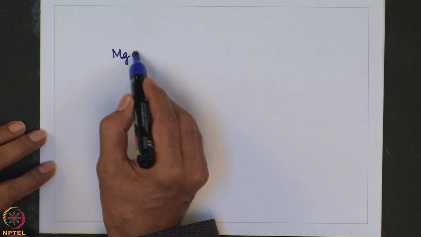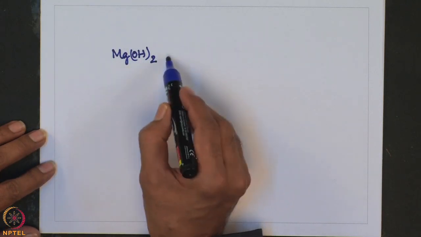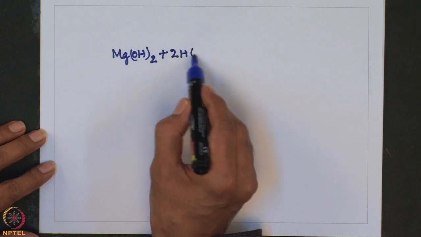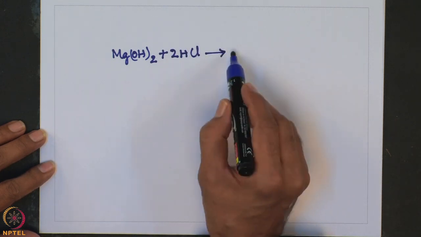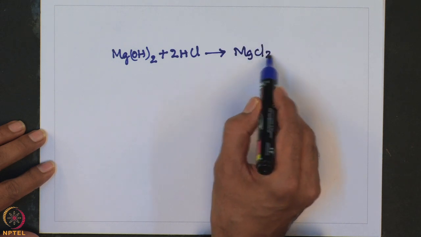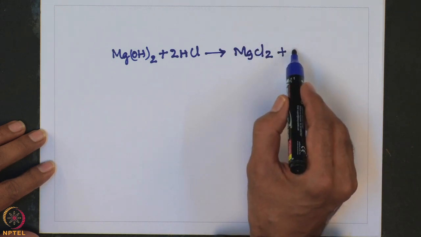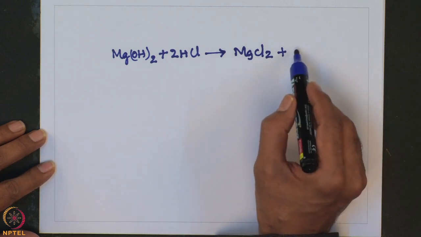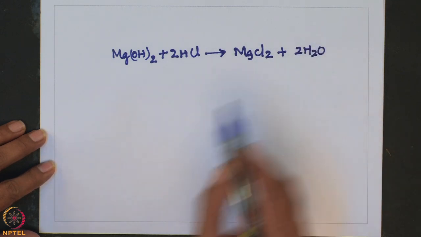So, let me give the extraction method used in the case of magnesium. As I said, in case of magnesium, okay, one can use molten magnesium chloride. That means preparation of magnesium chloride involves the treatment of magnesium hydroxide with HCl, essentially a neutralization process giving the salt and water. Okay.